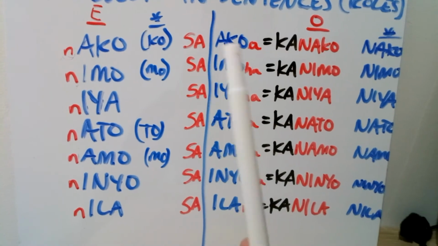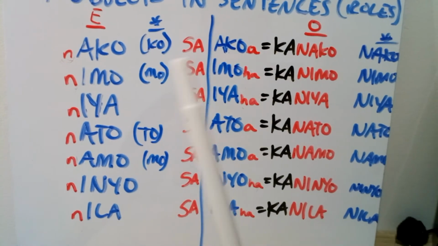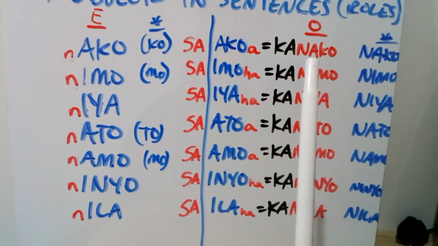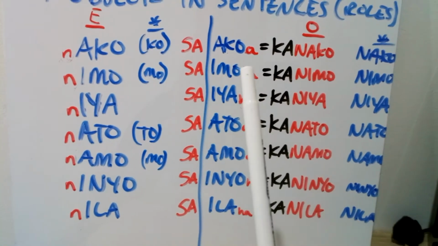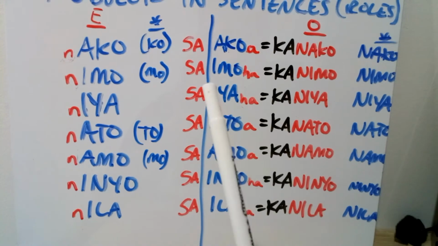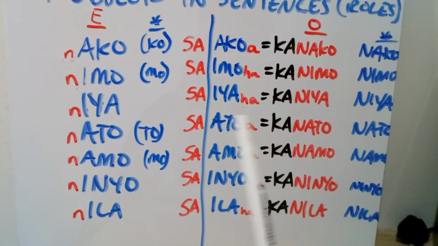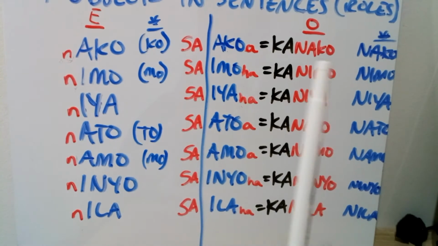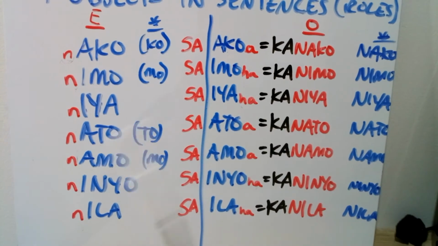So when we do that to the unit of the ergative pronoun, we change it to an oblique pronoun. Sa ako a is the same as kanako. Sa imo ha is the same as kanimo, and so on. We changed it, and that's where the overlap between the ergative and the oblique cases comes into play.